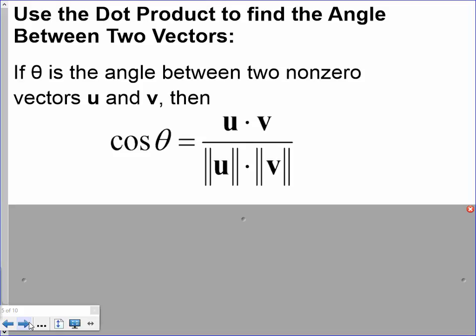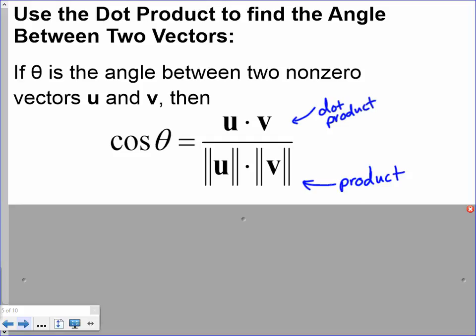So this definition says we're going to call theta the angle between two vectors, both of which are non-zero vectors. Then we can find theta because we know cosine of theta is equal to the dot product, that's in our numerator, of the two vectors u and v divided by the product of their magnitudes.